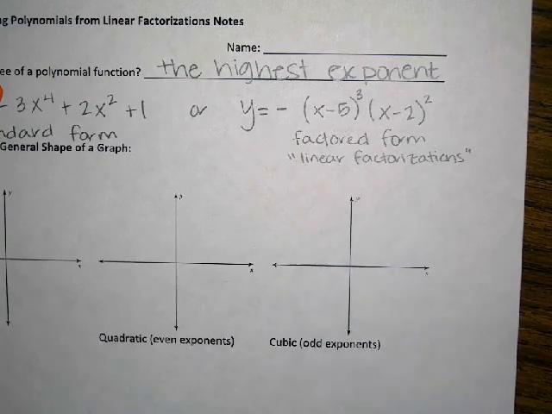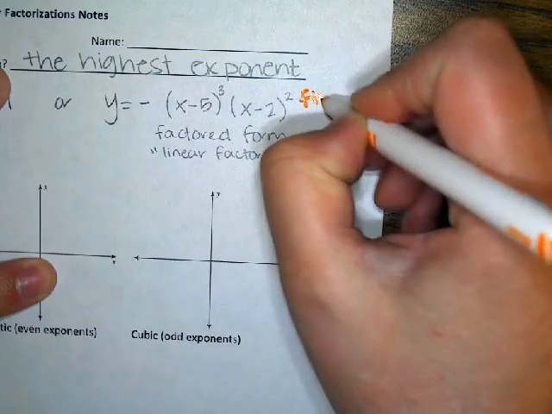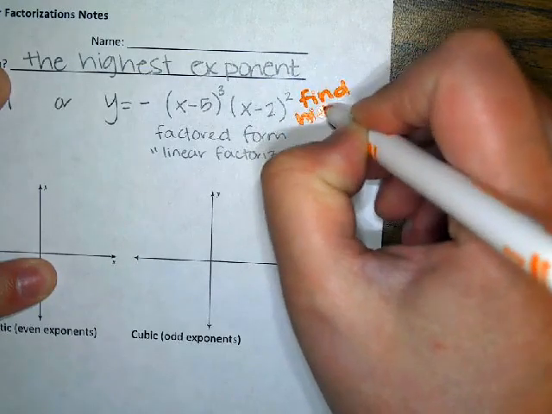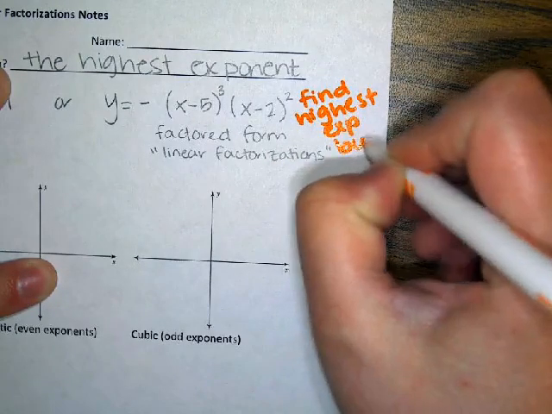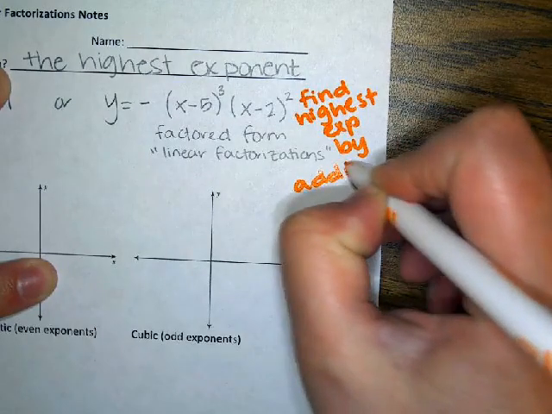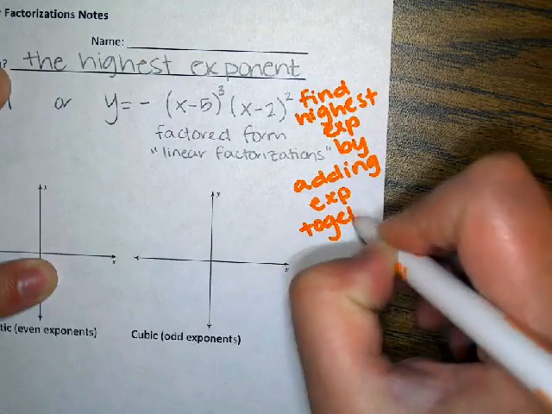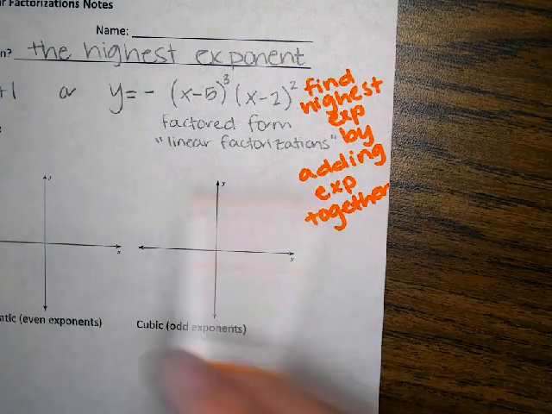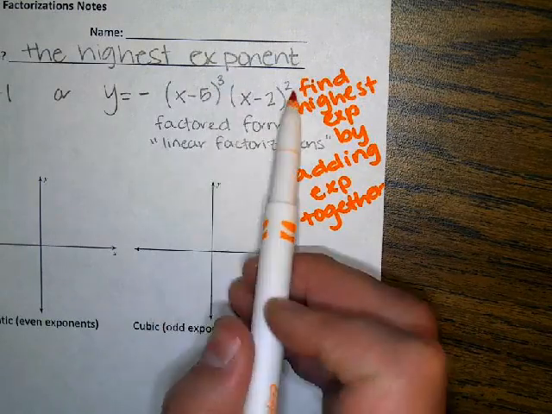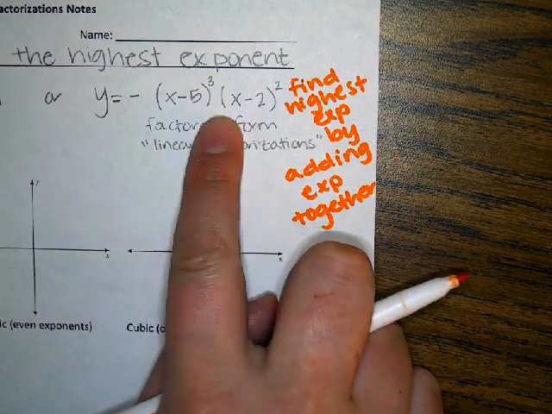You find the highest exponent by adding the exponents together, okay? So I'm going to write that off to the side. Find highest exponent by adding exponents together. So in this problem, you would find the degree of the equation by adding 3 and 2 together. 3 plus 2 is 5, and so this equation would have a degree of 5.